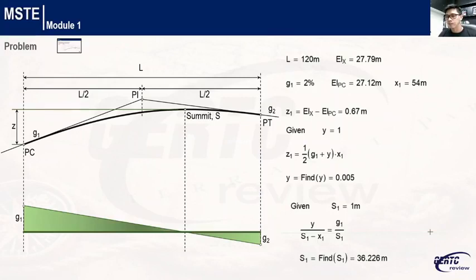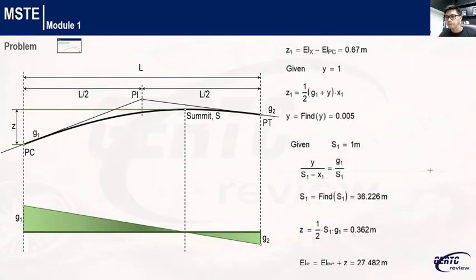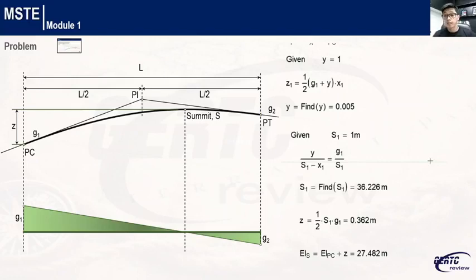I hope you can just follow, no, the variables. L120, 27.79. Okay? Sige. Ito yung solution natin. Anyway, pwede nyo namang i-rewind yung video natin. Pwede nyo siyang ma-rewind. Alright.